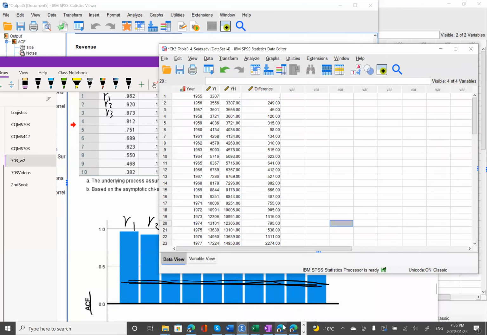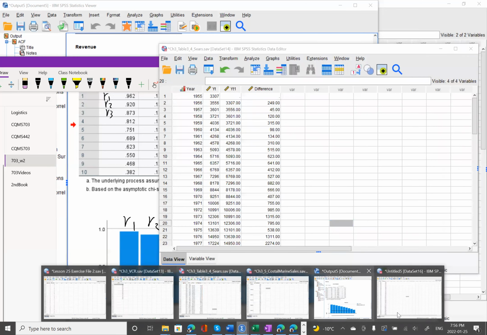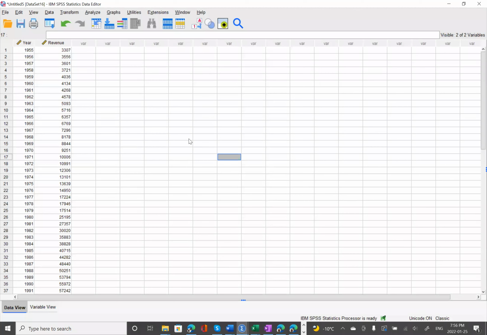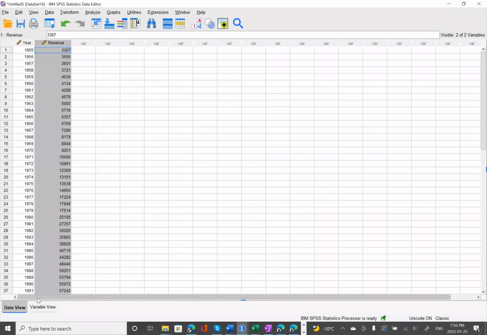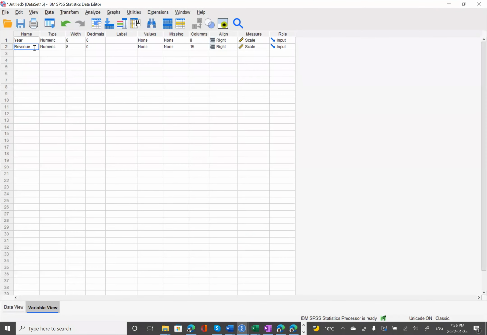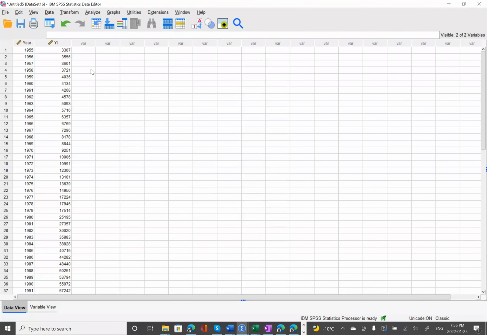I'm going to do this data here, the same data set. So remember this revenue is also the data for YT. Maybe I will change the variable name. Instead of revenue, I will say it is YT. The reason is I want to produce another variable, YT minus 1.